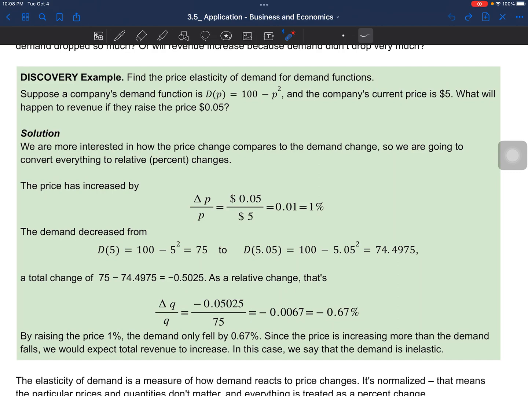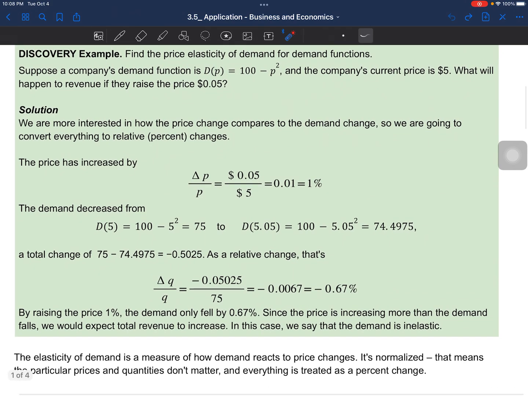But now let's look at the demand. We know the demand is going to decrease because you raised your price, but let's see how much it changes. The demand at the original price of $5 we can find by plugging in 5 for p, so that's 100 minus p squared, which equals 75.